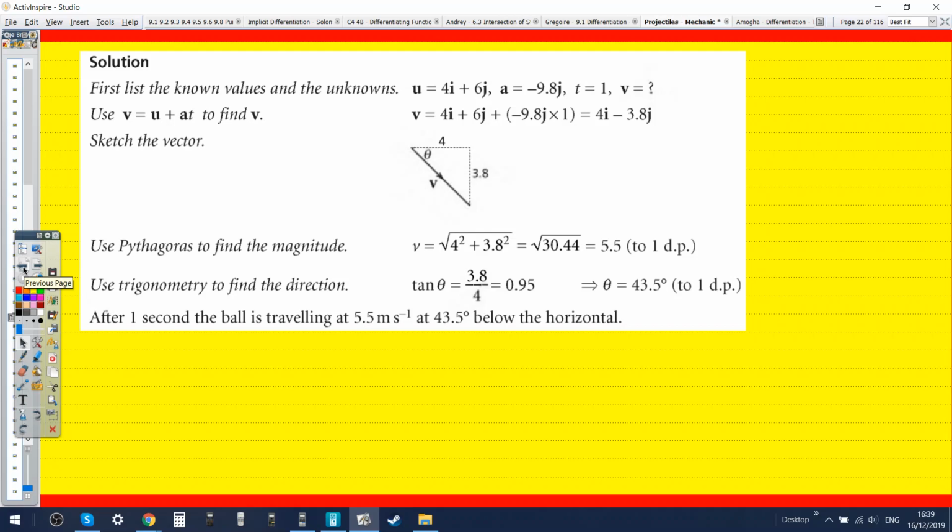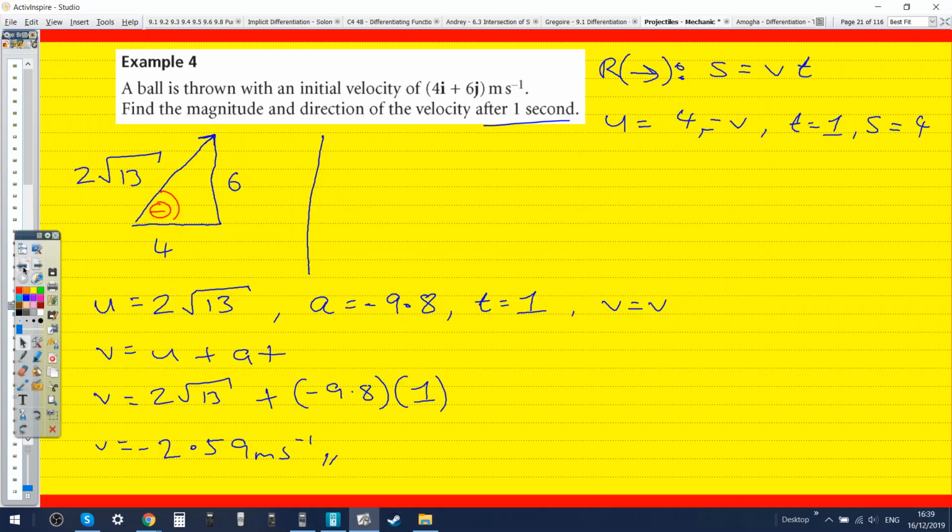V equals u plus a times t. That might be an even better way. So v equals u plus at, which is minus 9.8.